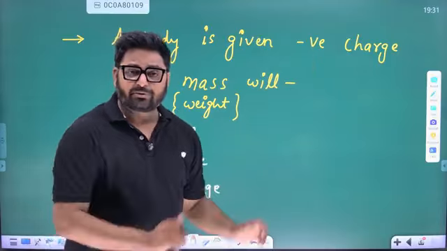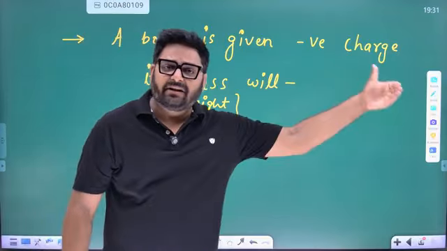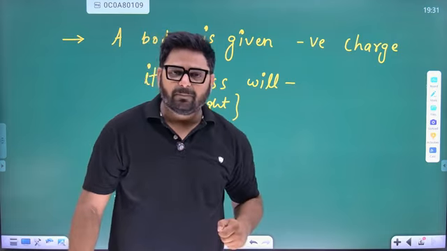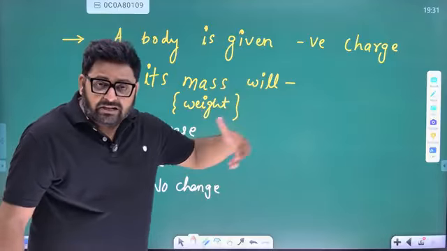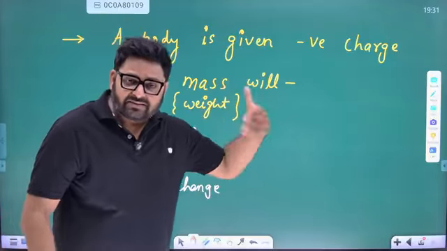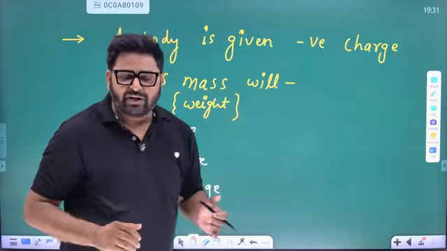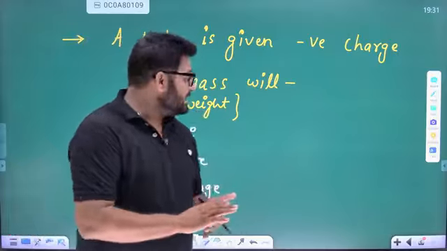So basically we are giving electrons. And if we are giving electrons, not just charge, we are also giving mass, because an electron has mass, 9.1 into 10 to the power minus 31 kilogram. So if you are giving electrons, you are continuously giving some mass, so mass is increasing.